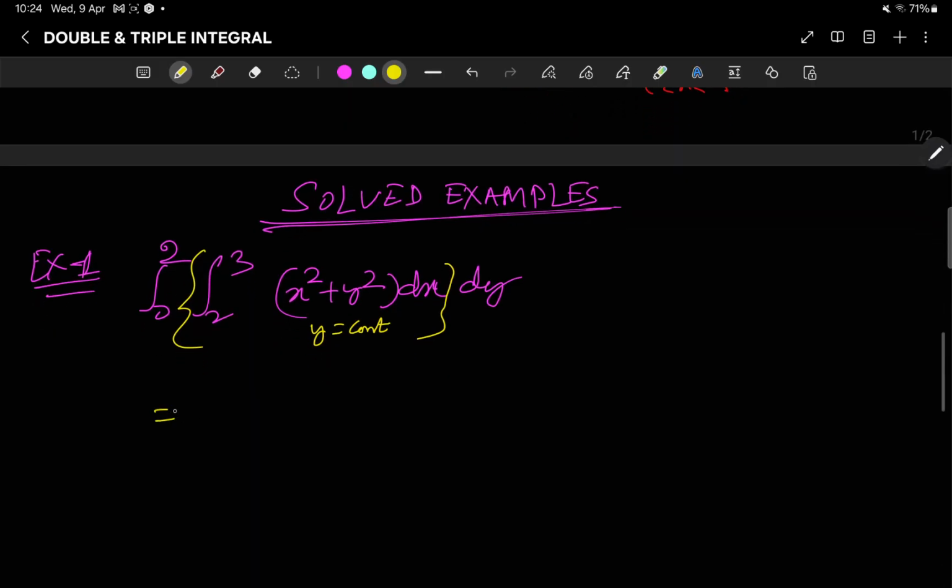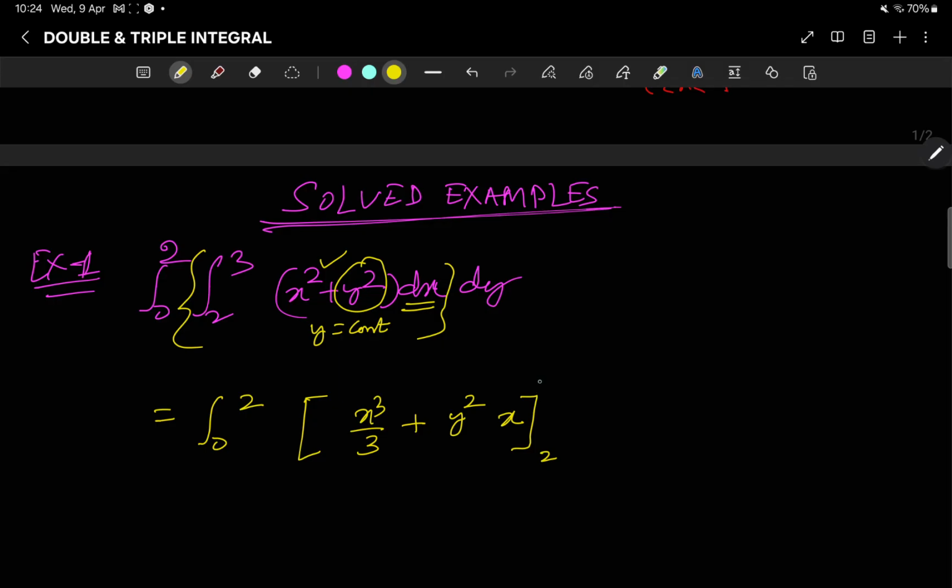So now this will be integral 0 to 2, treating y as constant, the integration of x square is x cube by 3, plus y square is constant, the integration of dx is x, and the limit of integration is 2 to 3.